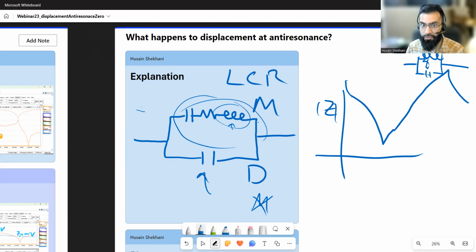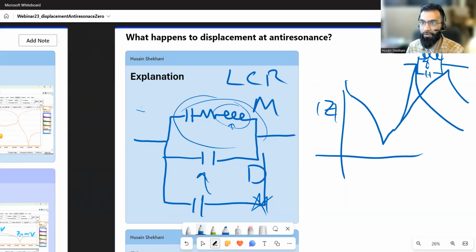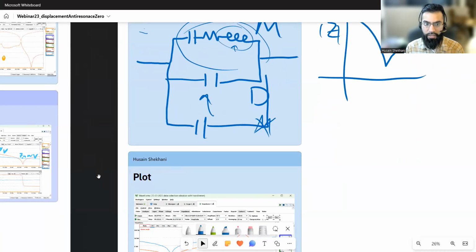What this also means is that if you add an external capacitor, you will shift the anti-resonance backward, and the displacement still won't care. So you can add external circuit components, especially a parallel capacitor, and shift the anti-resonance frequency without changing anything mechanically about the system.